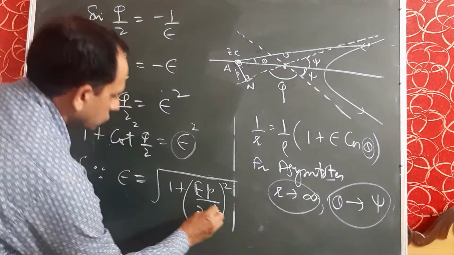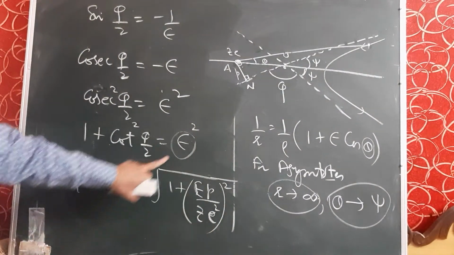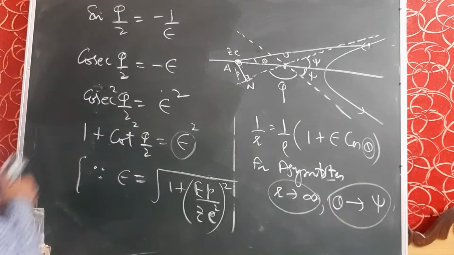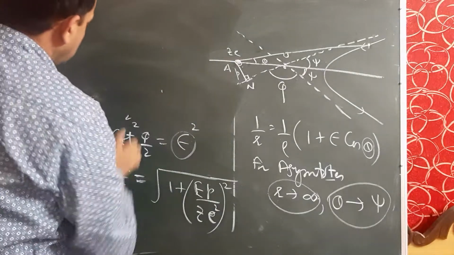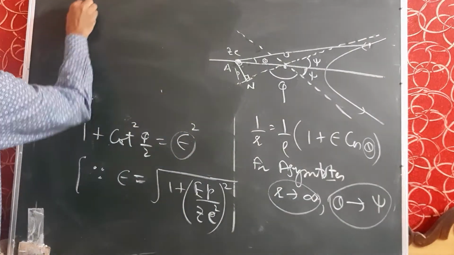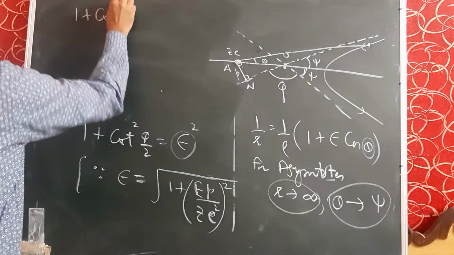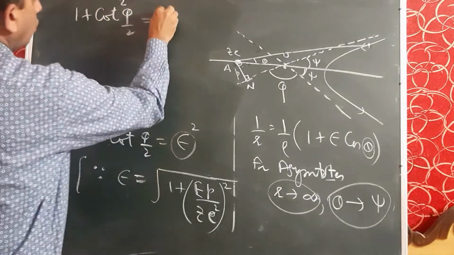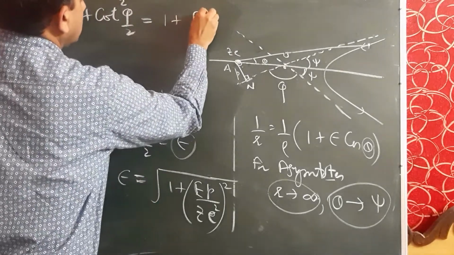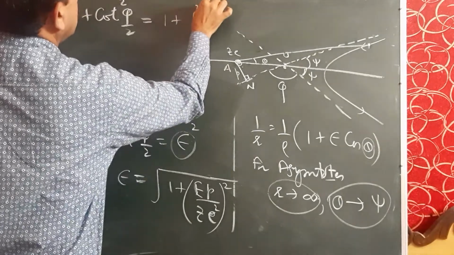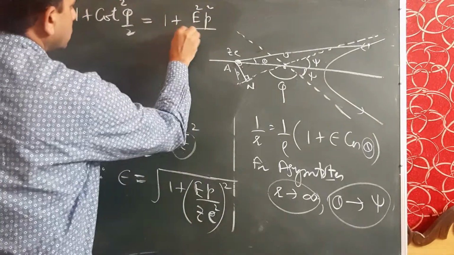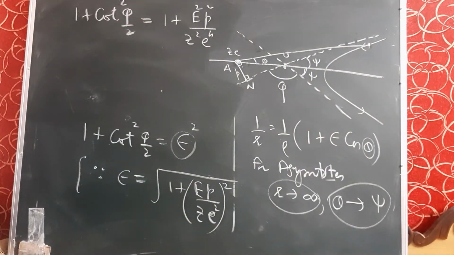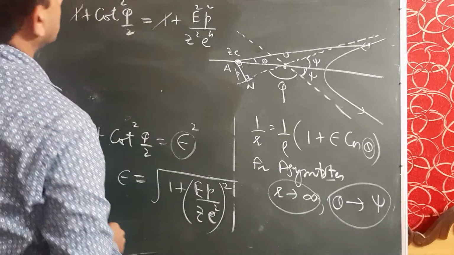So putting the value of epsilon here, epsilon square becomes the under root cancelled, and it will become 1 plus cot square phi by 2 is equal to epsilon square, means 1 plus E square P square over Z square e raised to power 4, because of the square of this term, and 1 is cancelled with 1.